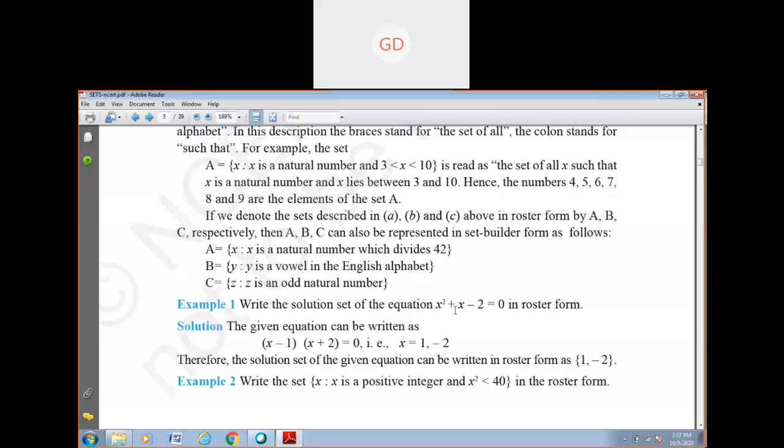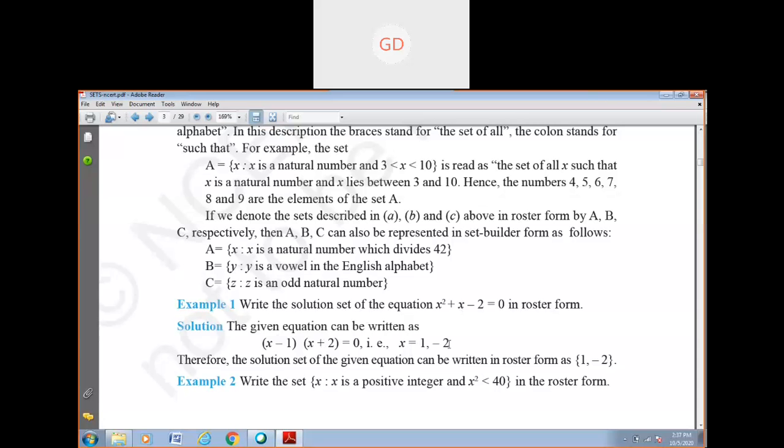So we can solve it and we will have two values of x, two roots, and those two values we can directly write within second brackets. That's all.